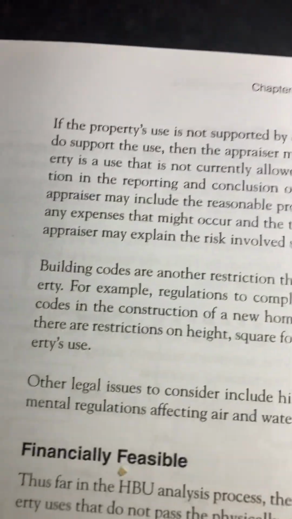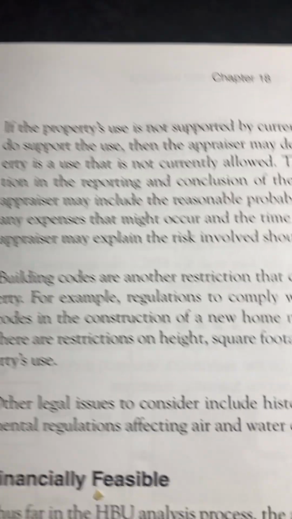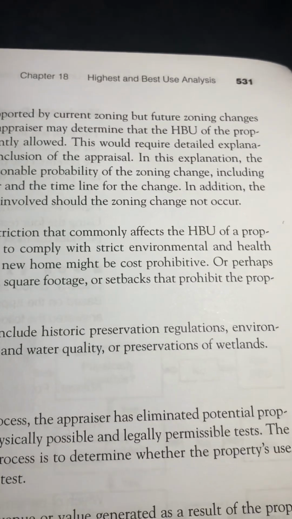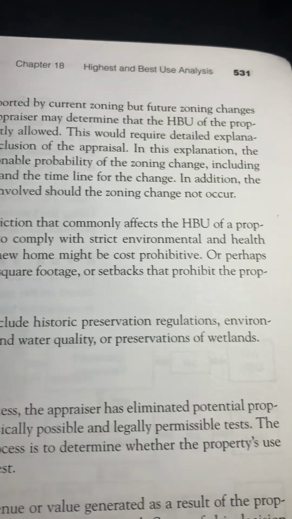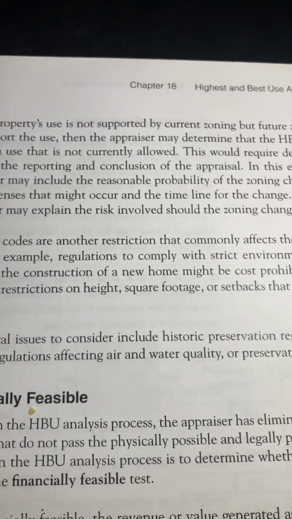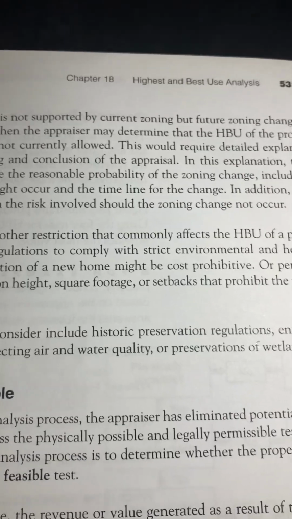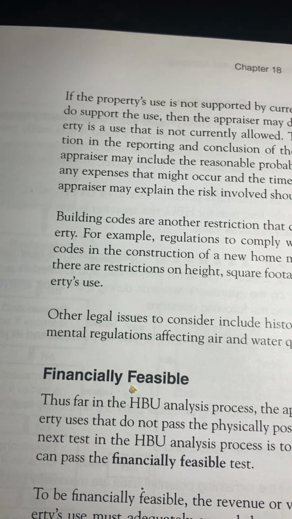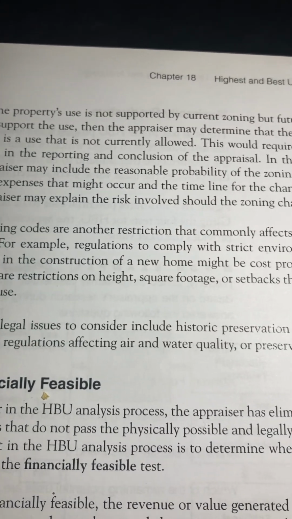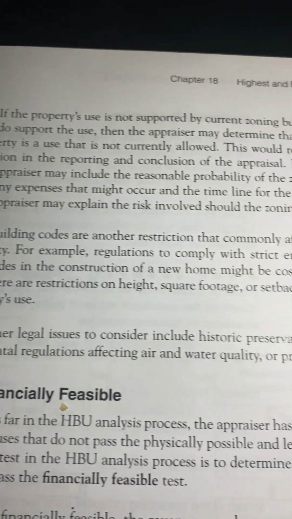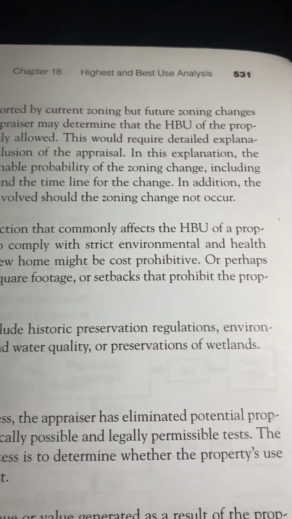Page 531. If the property's use is not supported by current zoning, but future zoning changes do support the use, then the appraiser may determine that the highest and best use of the property is a use that is not currently allowed. This would require detailed explanation in the reporting and conclusion of the appraisal.